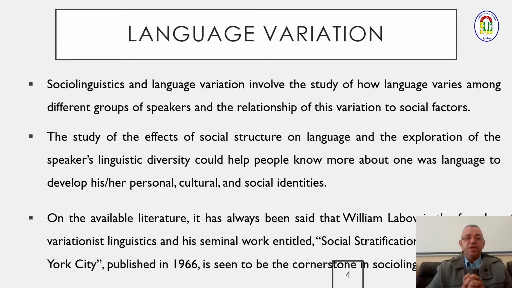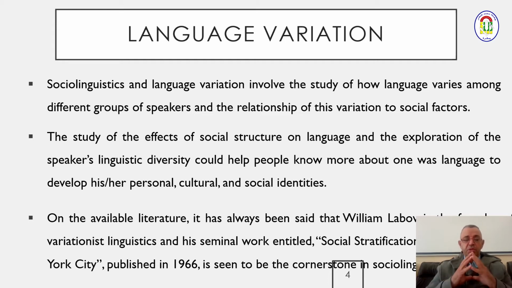The study of the effects of social structure on language and the exploration of the speaker's linguistic diversity could help people know more about how language develops their personal, cultural, and social identities.